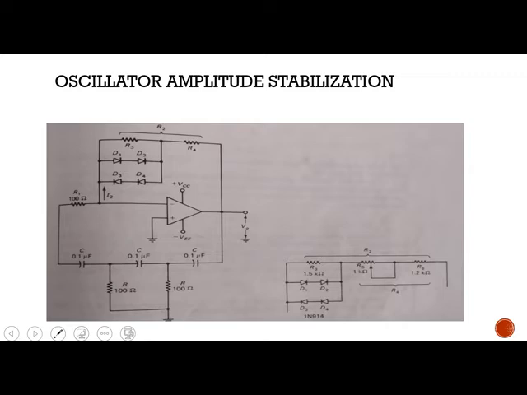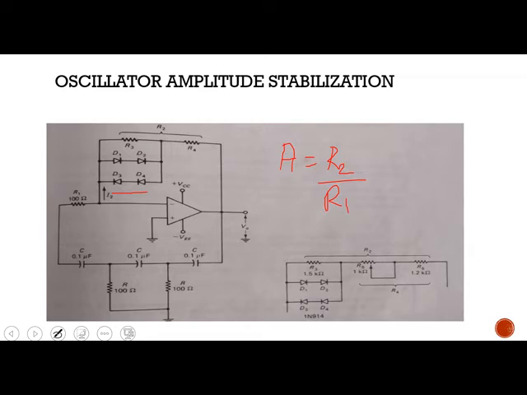That means the voltage across R3 will be equal to 0. So whenever the amplitude exceeds some level beyond the maximum level, D3 and D4 conduct. Thus the resistance R3 gets shorted.